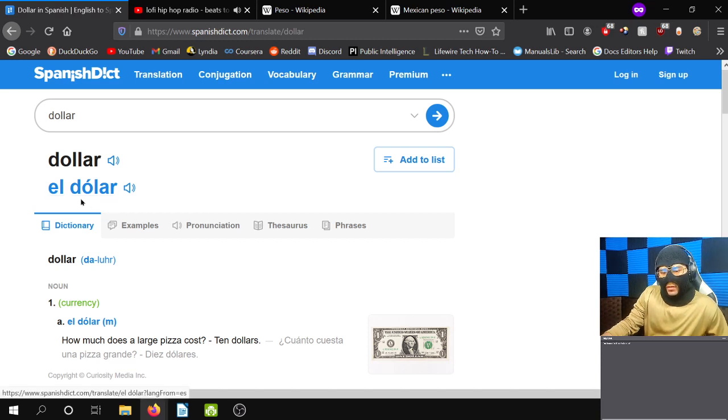So 23. DOLAR. Remember the accent. Oh, hold on, it's pretty much identical to dollar in English, except there's no double L and there's an accent on the O. So you can think of that.